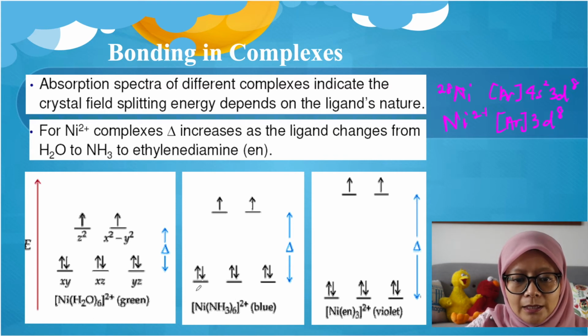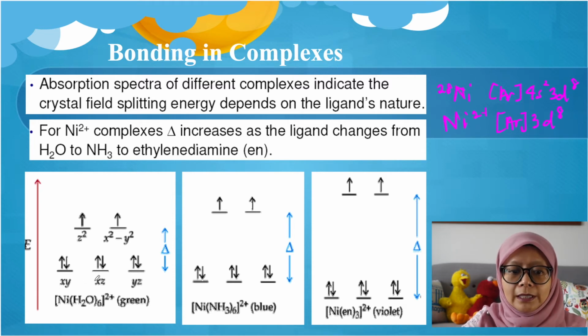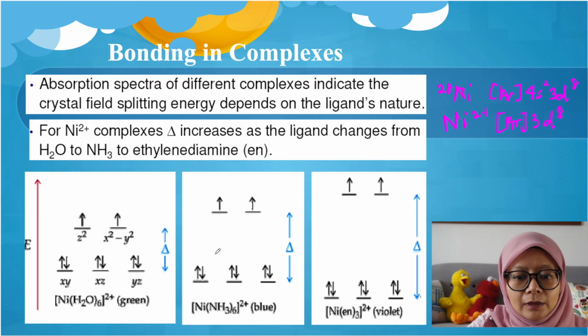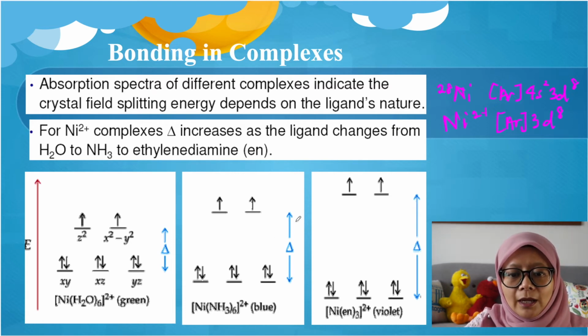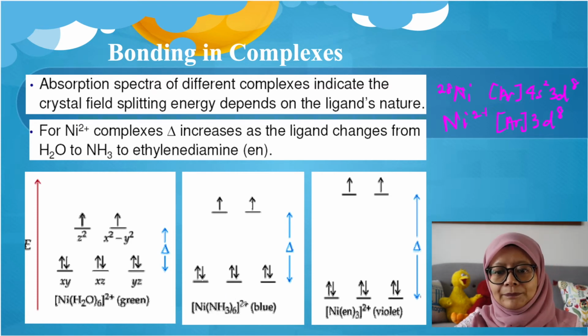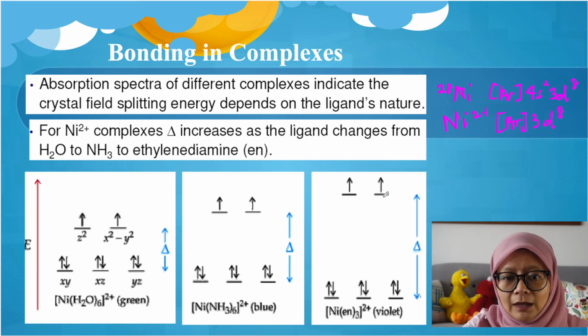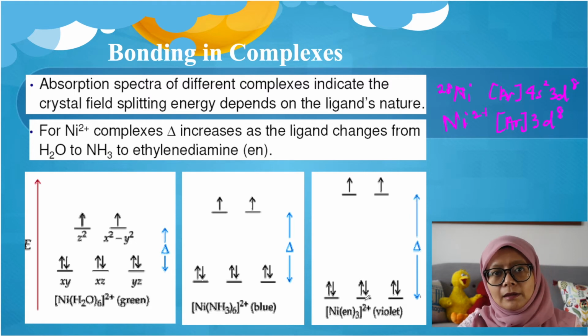It is similar to the nickel with water, but in this one we have a larger value of the delta because of the types of the ligands. And then last one, we have ethylenediamine as ligand.